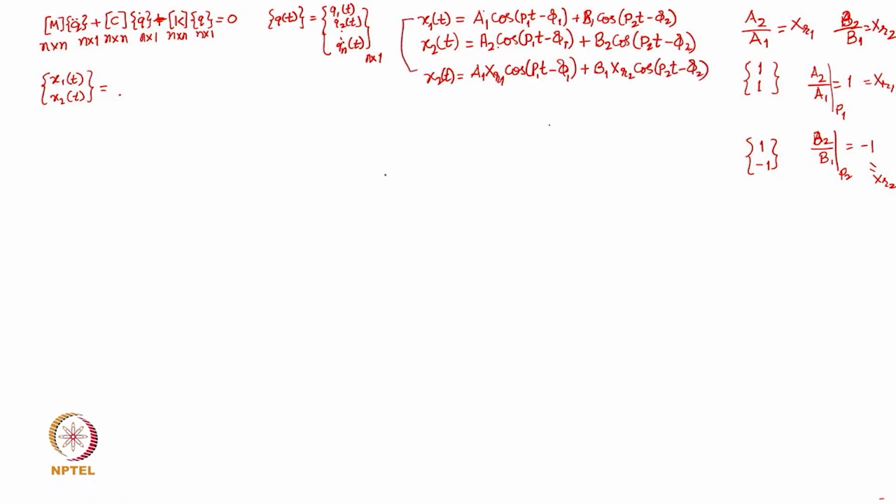Now, I can use these two equations, x1(t), x2(t) equals A1 and I can use this 1 and XR1 as the mode shape, first mode, multiplied by A1 as a constant, and that basically is your first column here, and the second column will be B1 times 1 and XR2, and I can use these harmonic time functions here.